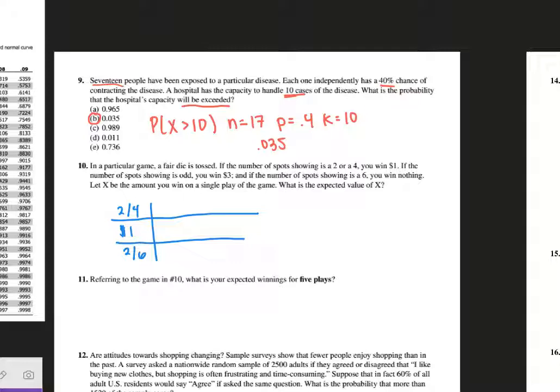It says if the number of spots showing is odd, you win $3. So odd would be 1, 3, or 5. So you win $3. And the probability of that happening is 3 out of 6. And then lastly, if the number of spots showing is 6, you win nothing, and the probability of that happening is 1/6. So to calculate the expected value, we take the profit times the probability.